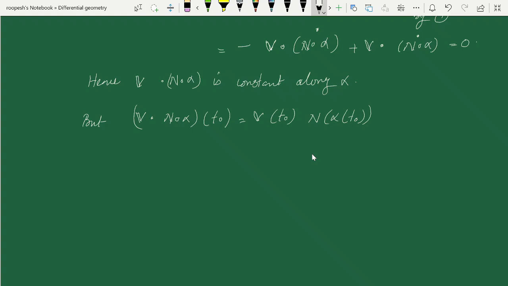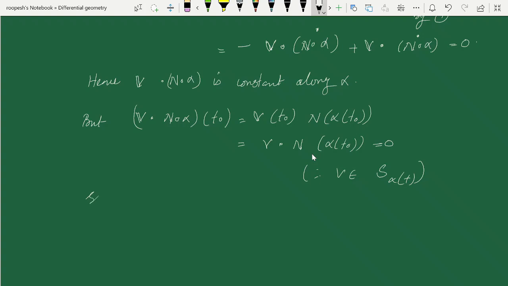Now V of t naught is small v, so V dot n composition alpha of t naught is equal to 0, because this v belongs to the tangent space of S at alpha of t, and this is the normal space. So that dot product should be 0.